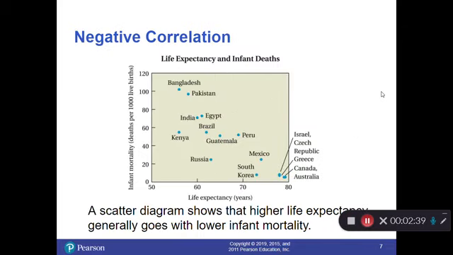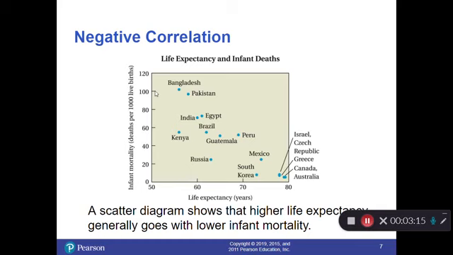Here's an example of a negative correlation on a scatter plot. This time our horizontal axis is life expectancy, and on the vertical axis we have infant mortality, or deaths per 1,000 live births. And we can see some different countries here. If we look at the point for Bangladesh, their life expectancy is somewhere between 50 and 60, probably around 56 or 57, and their infant mortality is a little above 100.